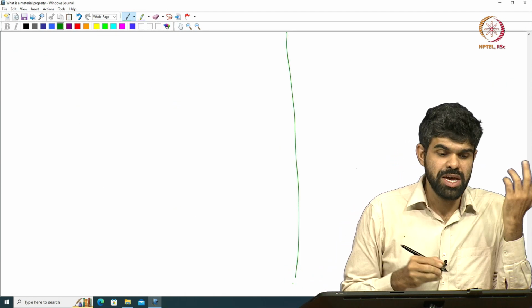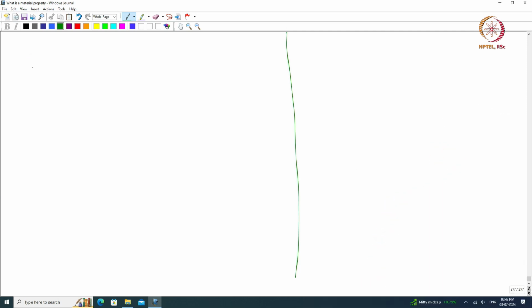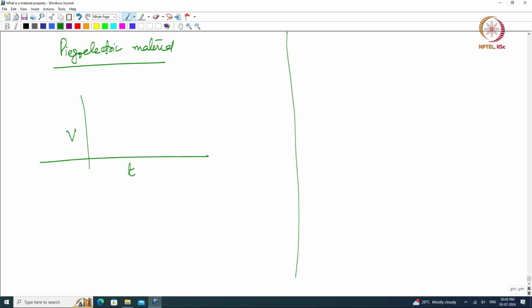The same thing will happen even in a piezoelectric material, there is no perfect piezoelectric material. So if I look at a piezoelectric material, I apply voltage as a function of time, or this is electric field rather, and I measure strain as a function of time, and the strain does not need to be exactly in phase with voltage, but the strain can shift.